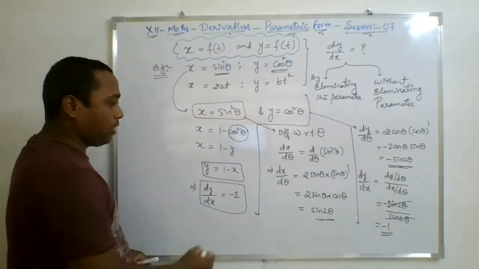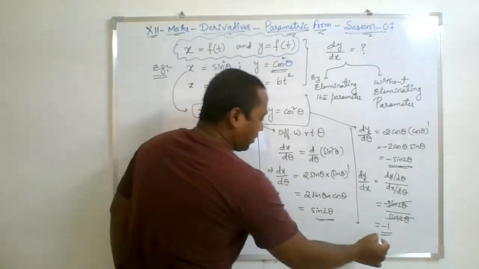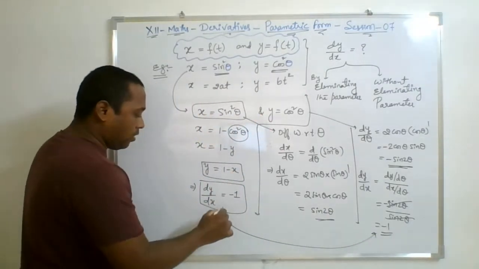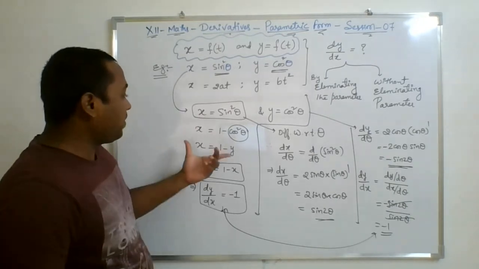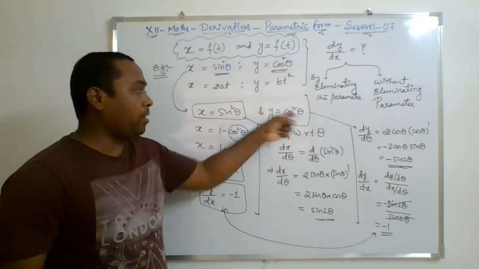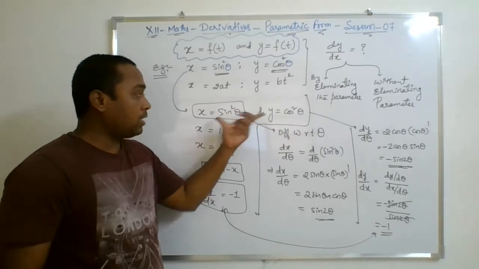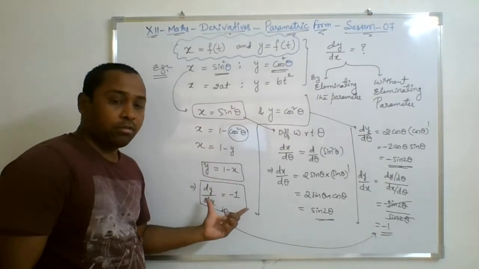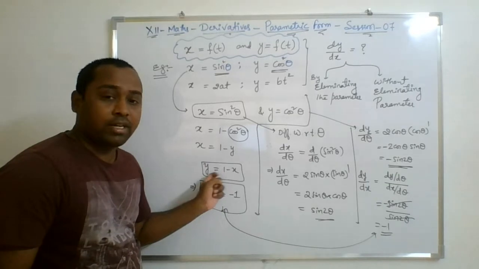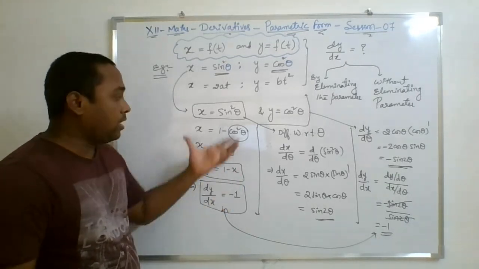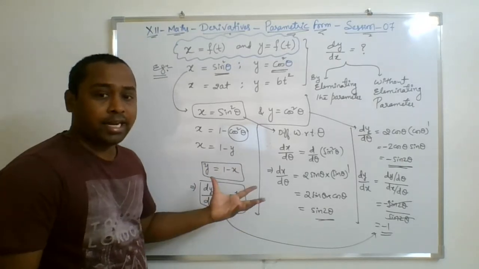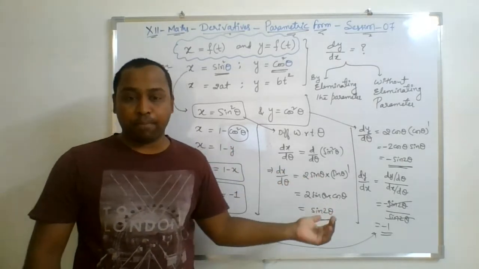You can see the answers are the same whether you solve by first eliminating the common parameter, simplifying the expression to get the relation between x and y, and then going for the derivative. This is one technique. The second technique is without eliminating the parameter.